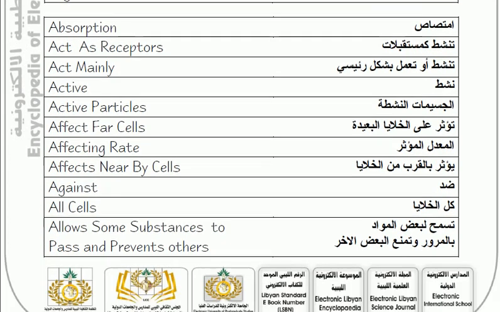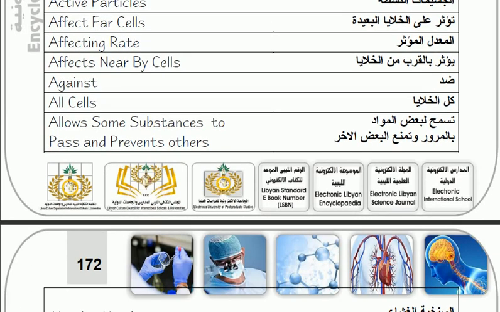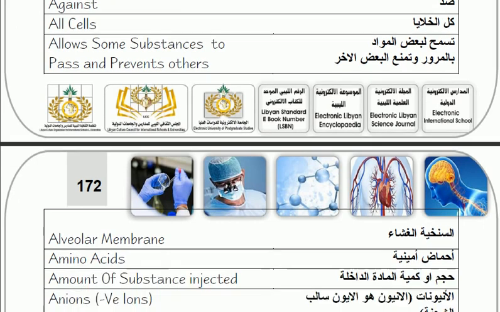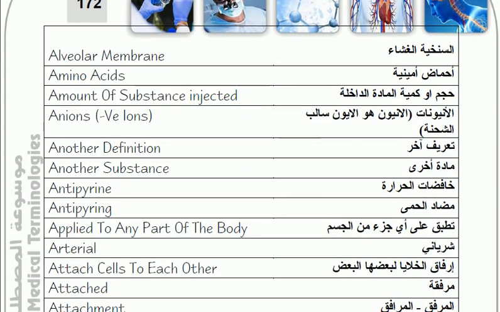Absorption. Act as receptors. Act mainly. Active. Active particles. Affect far cells. Affecting rate. Affects nearby cells. Against all cells. Allows some substances to pass and prevents others. Alveolar membrane. Amino acids.